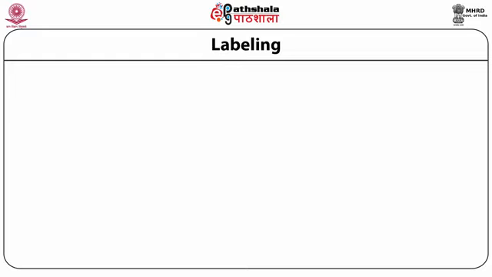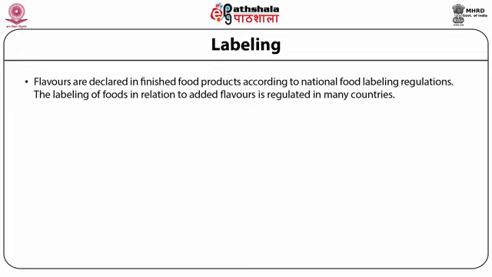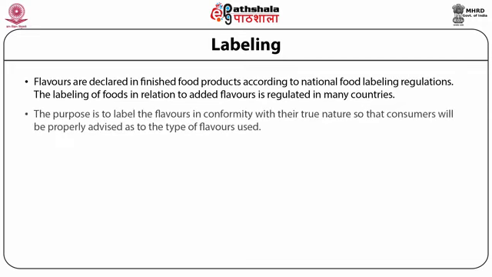Now, as far as labeling of the flavoring substances is concerned, let us see what is the important aspect which should be considered. Flavors are declared in the finished food products according to national food labeling regulations. The labeling of foods in relation to added flavors is regulated in many countries, and the purpose is to label the flavors in conformity with their true nature so that consumers will be properly advised as to the type of flavors used.